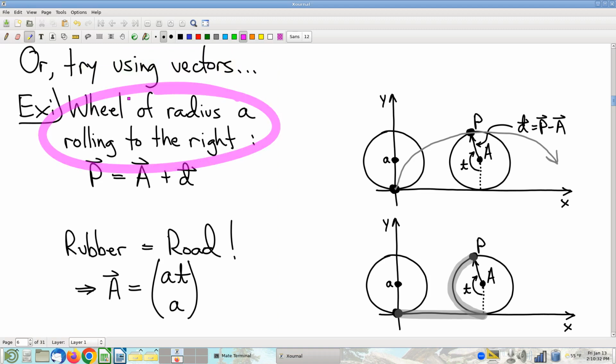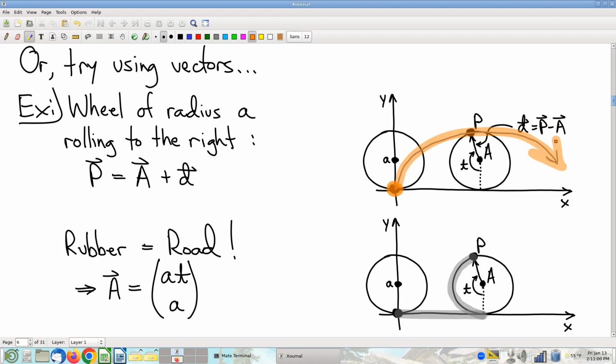We have a wheel. I like to think of this as a bicycle wheel. The wheel is sitting on top of the x-axis. It's rolling to the right, like that. And as it does so, if you were to imagine a reflector attached to the wheel there and ask what is the path followed by the reflector, and then ask how you would parameterize that curve, well, this is a pretty ugly looking curve.